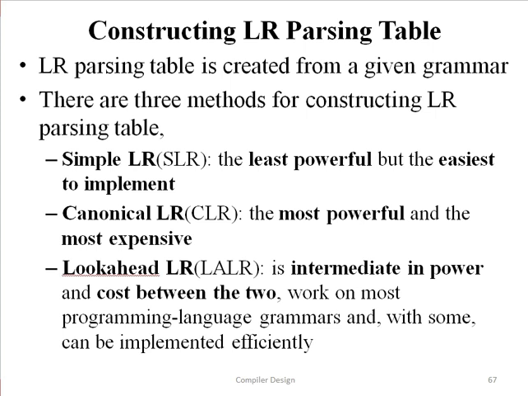Those three methods are categorized based on their performance, their power, and the cost of implementation. The simple LR, abbreviated as SLR, is the least powerful but easiest to implement. The canonical LR, abbreviated as CLR, is the most powerful and the most expensive; its implementation cost is the highest compared to the other two techniques.